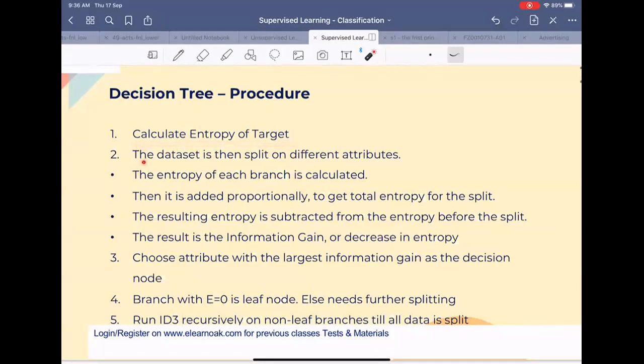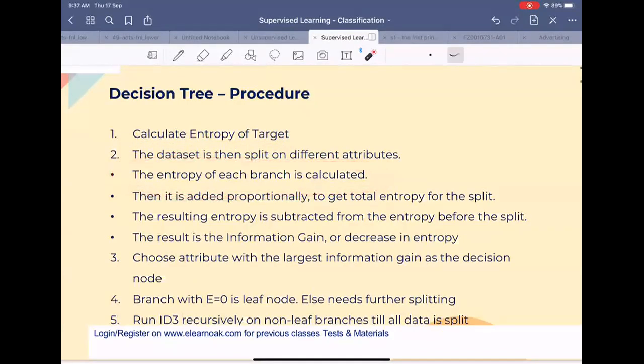Second, the data set is split on different attributes. We will try to split the data set at this point on each of the features. There were 4 features: outlook, humidity, temperature, and windy. We will try to split the target based on all these 4 features. How do we split them? First, we will find the entropy of each branch.